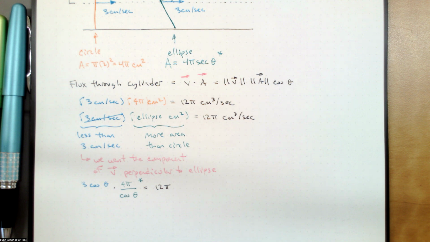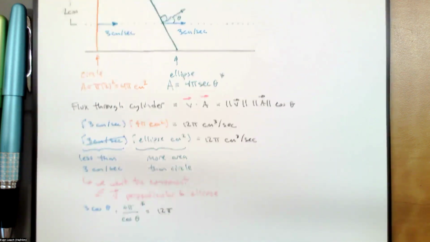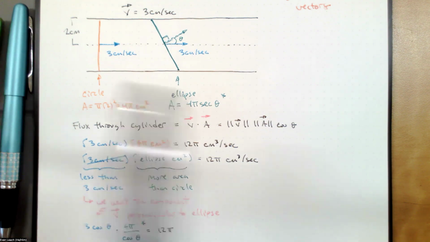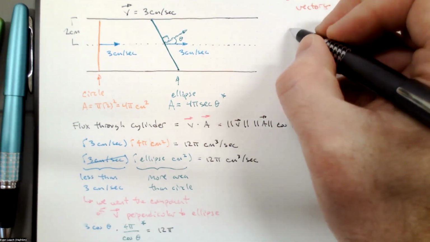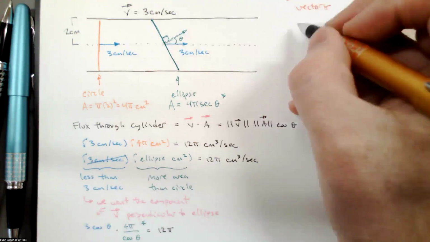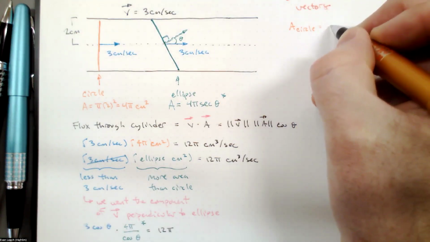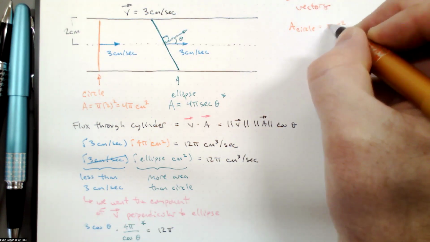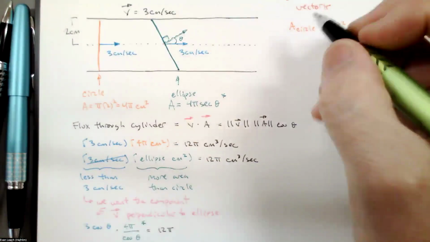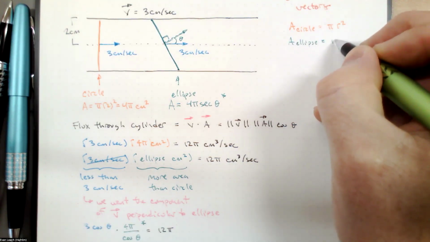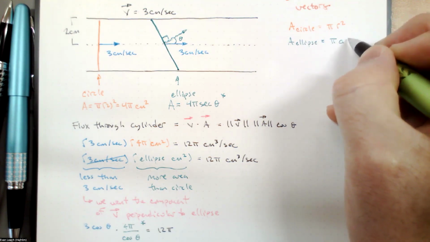So theta is whatever angle we put the ellipse at. If we want to come at this from another perspective, we know that the area of a circle is pi times the radius squared, and the area of an ellipse is pi times one radius times the other radius.